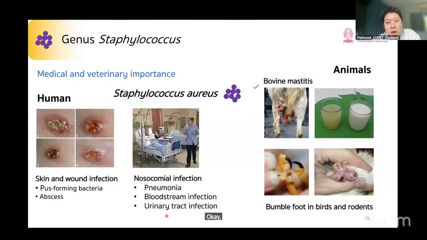These are the risks for introduction of bacteria inside the body.